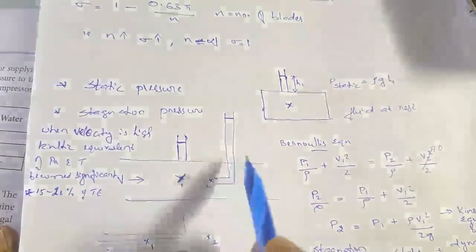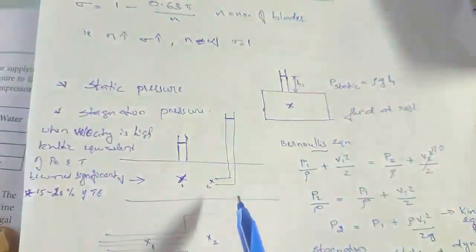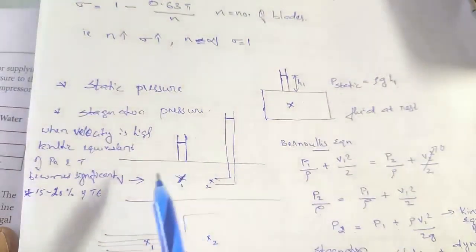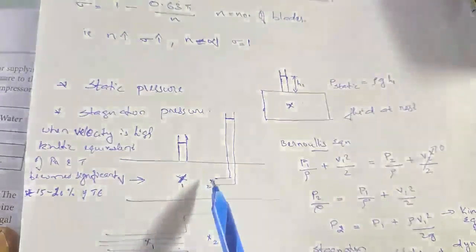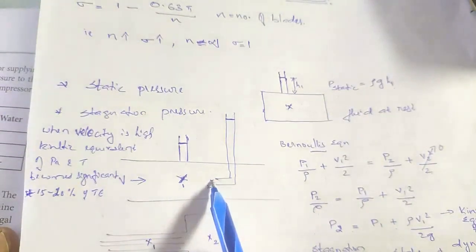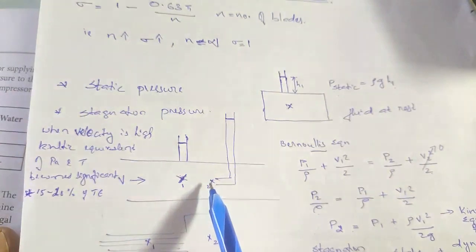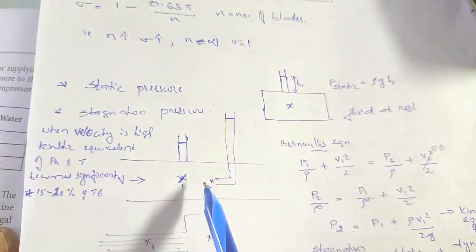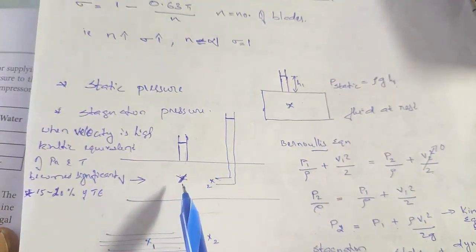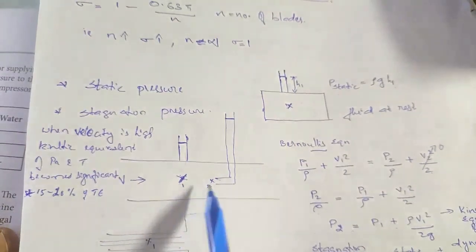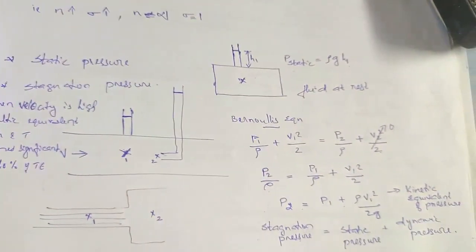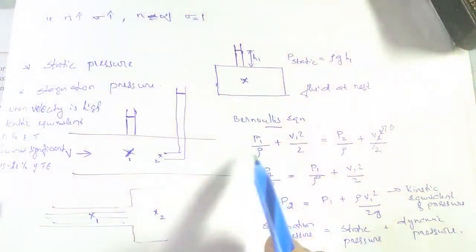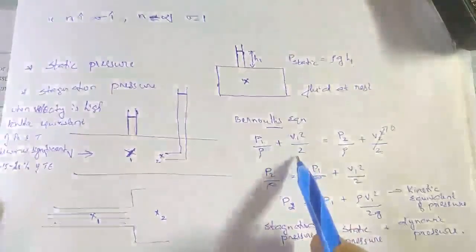For that, we will consider a pitot tube here, and we can find out the kinetic equivalent part by considering that the fluid is made to stagnate at a point. At this point 2, the fluid is made to stagnate. That means let the velocity of the fluid be 0. Applying Bernoulli's equation between point 1 and 2, we obtain P1 by rho plus V1 square by 2.